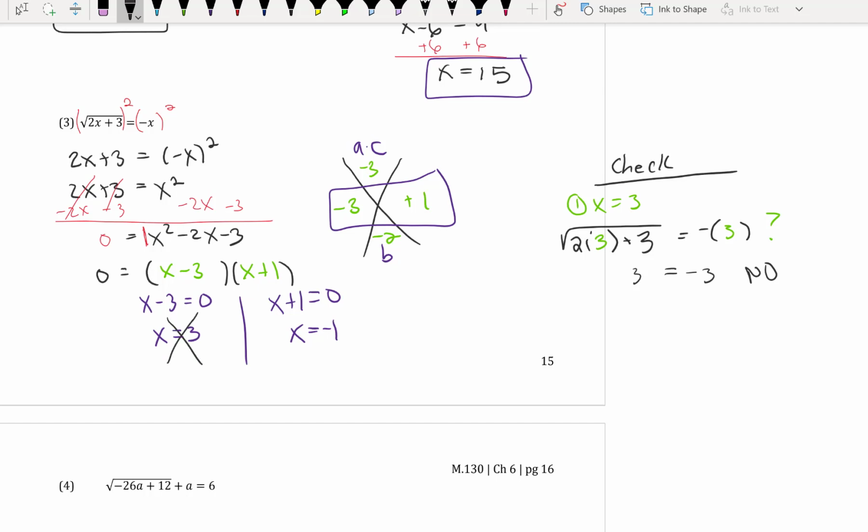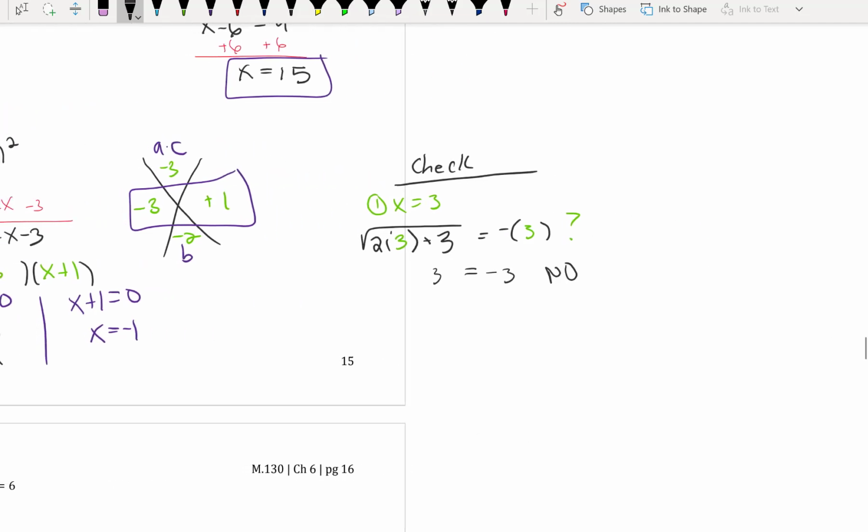Now we are going to try the exact same thing for our second value. So our second value, we are checking that x is equal to -1. So I have the square root of 2 plus 3 is equal to the negative of that. The value I'm plugging in is -1.